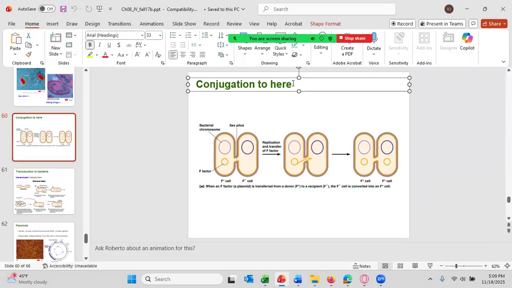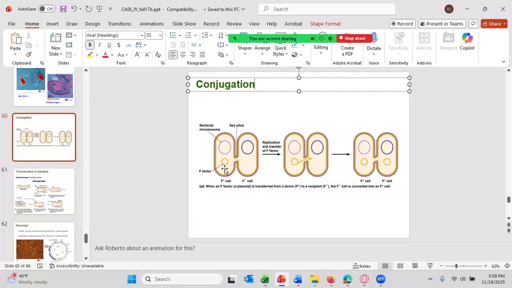All right, I spoke about sexual conjugation last time, where one cell has a plasmid in it, and that plasmid codes for the sex pilus to be made by this cell. And the sex pilus will go out and skewer another cell, act as a winch to bring the two cells together.